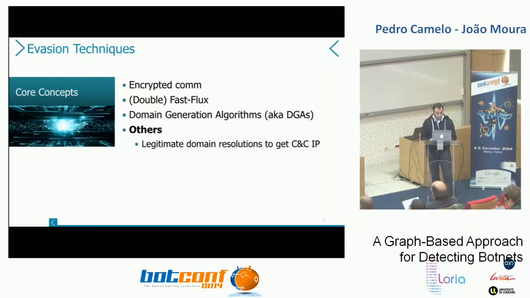Often encrypted communications make it difficult to use payload data, but we can still use metadata like payload size and other meta info from the payload. We watch also fast flux and double fast flux, DGAs, and other means that are just creative and make effective detection a lot more difficult.